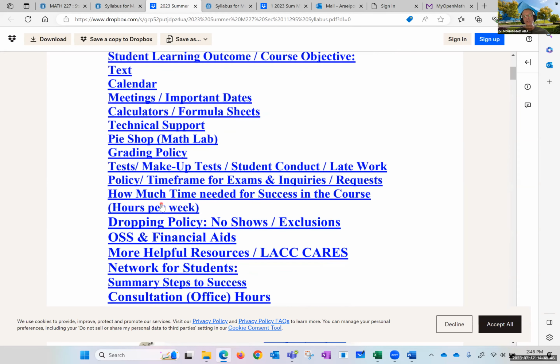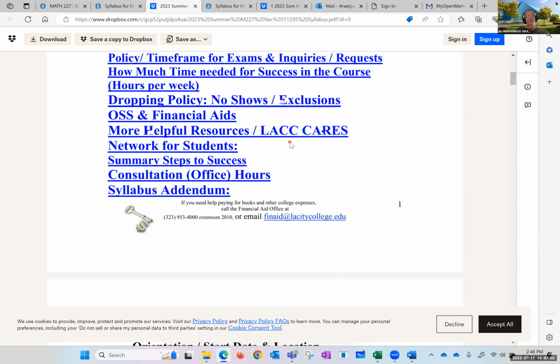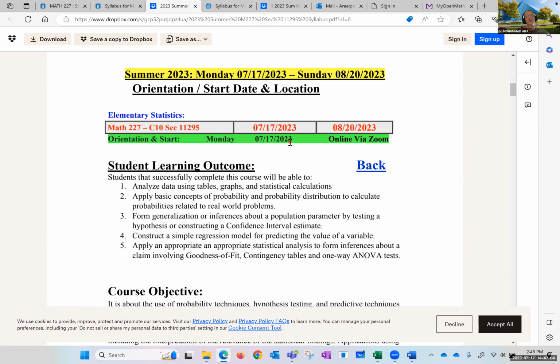Because students may not give it a chance to read every page, I put it in this format. Please take a look at the important parts. I'm going to go over them for you, but you really want to spend some time on that to be on the safe side.